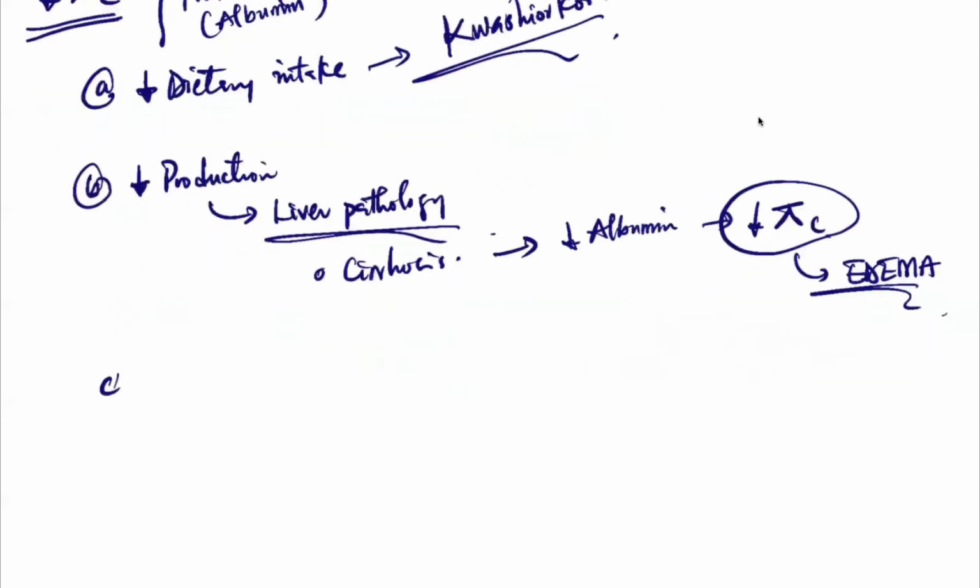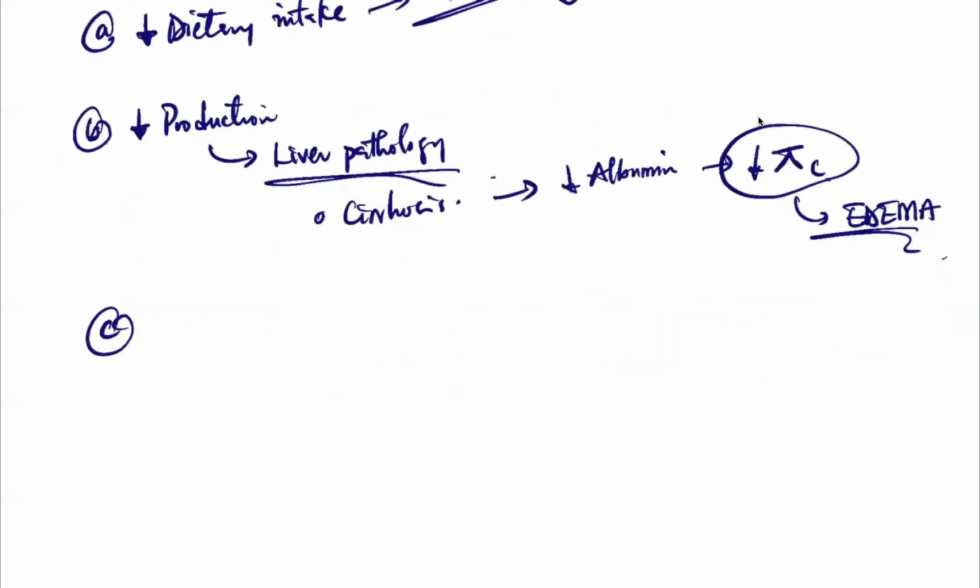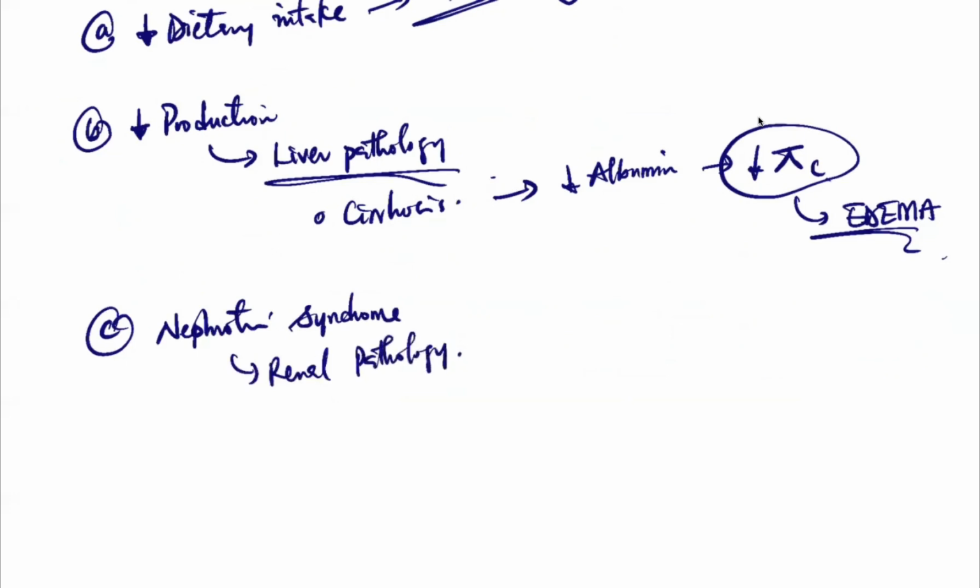The third reason people will have decreased protein is because they're excreting too much of it, right? So let's say someone has nephrotic syndrome, from renal disease, renal pathology. Sometimes they're not going to spell it out to you.